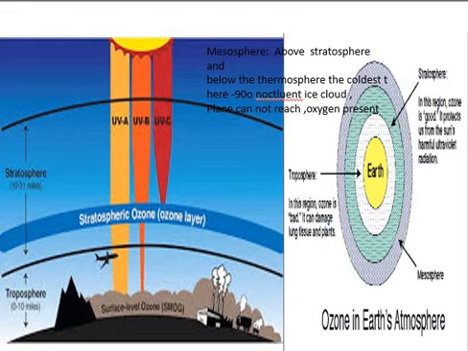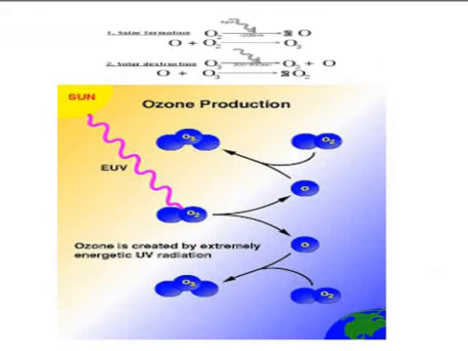Now I'm going to describe how the mesosphere, troposphere and stratosphere are defined and what their vertical characteristics are. I will explain this diagram in the next tabulated diagram. So ozone in Earth's atmosphere can be described next.